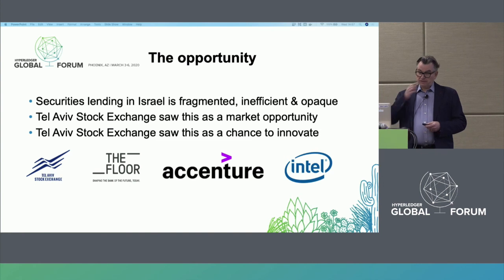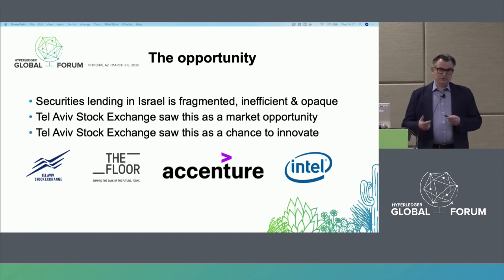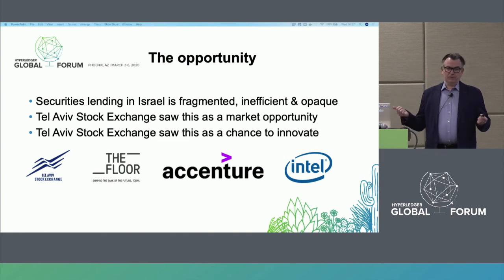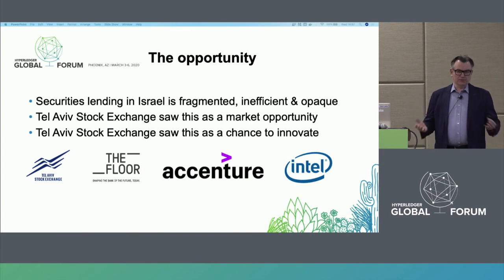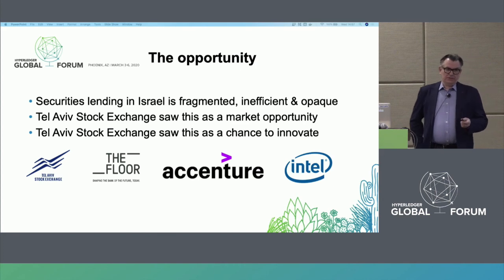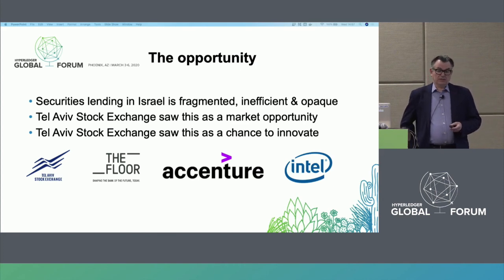So the Tel Aviv Stock Exchange observed two things. One, it's a market opportunity. It's an opportunity for them as clearly the leader of the pack, so to speak, to instigate a new market and bring something new to the market itself. But then they also saw it as a chance to innovate. And why is that important? Because as Yuri, their CIO, has said in interviews and so forth, they could have done this a more conventional way.